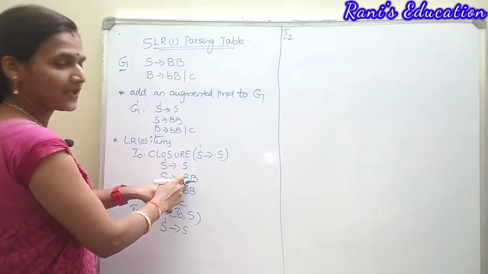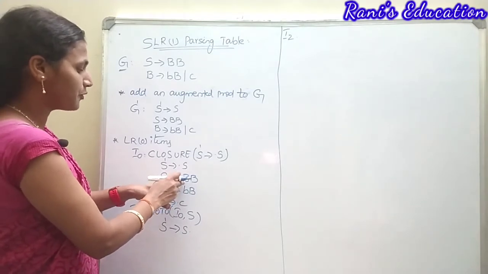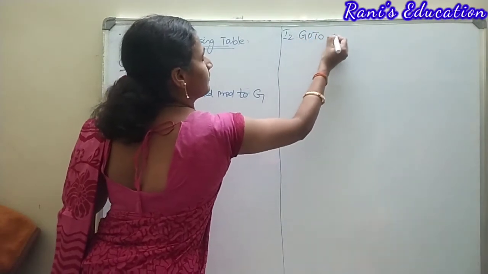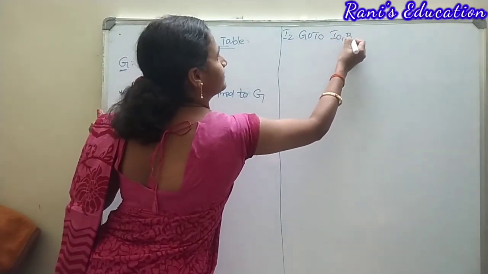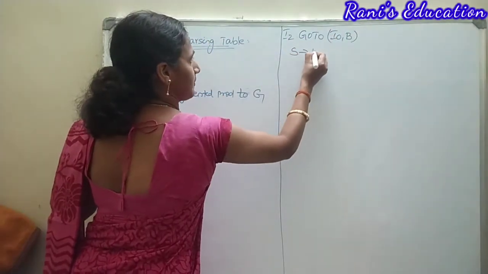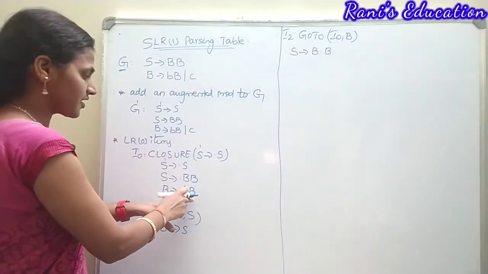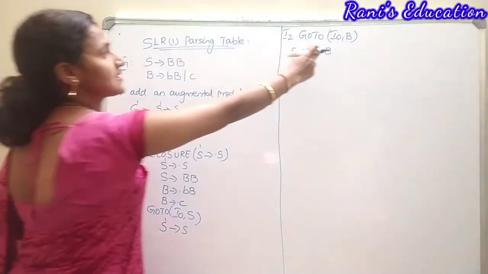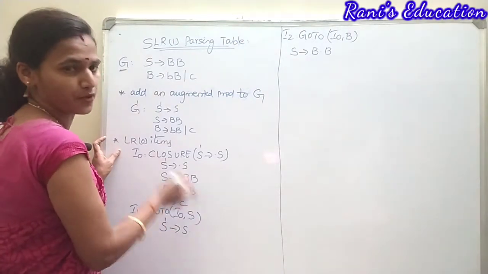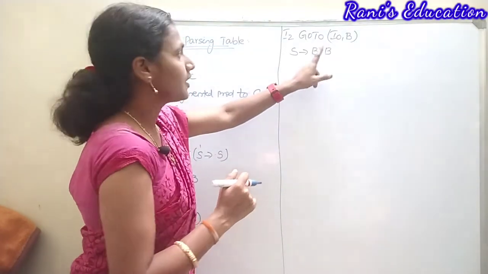Non-terminal B. We want to change the dot position from before B to after B. So goto of I0 comma B: now the production becomes S → B.B. Now you can observe, are there any more productions which contain the grammar symbol B after the dot in the body? No, we don't have such productions here. So now, after placing the dot, we have to check.